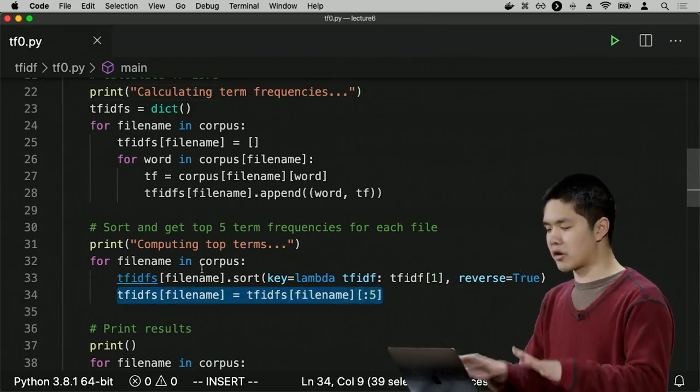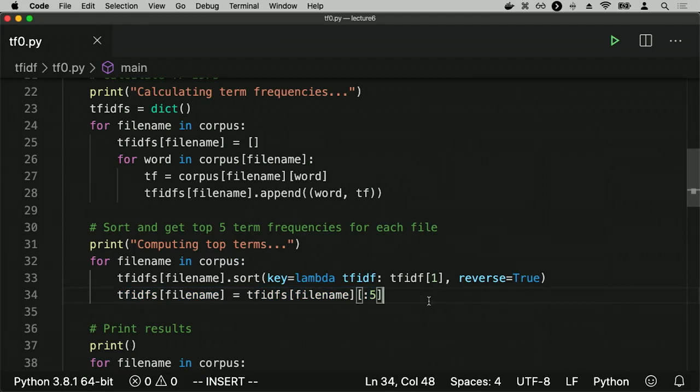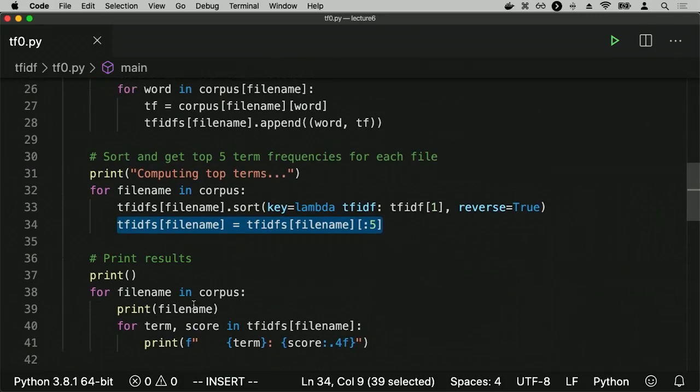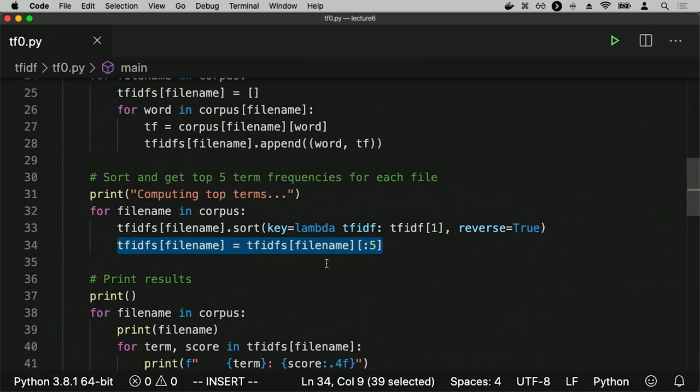There are some data structures involved that you can take a look at if you'd like to. The exact code is not so much important as it is the idea of what we're doing. We're taking each of these documents and first sorting them. We're saying, take all the words that show up and sort them by how often each word shows up. And for each document, let's save the top 5 terms that happen to show up in each of those documents.